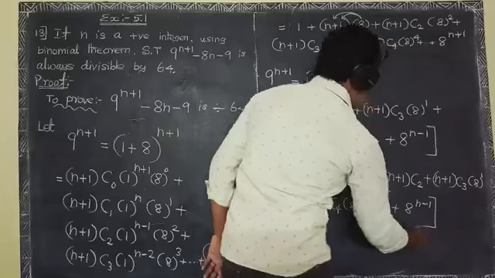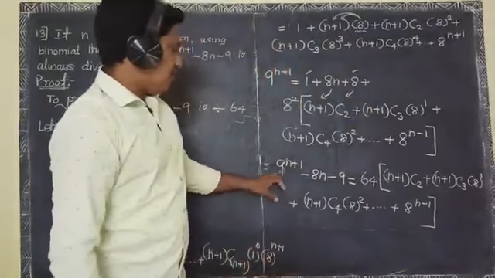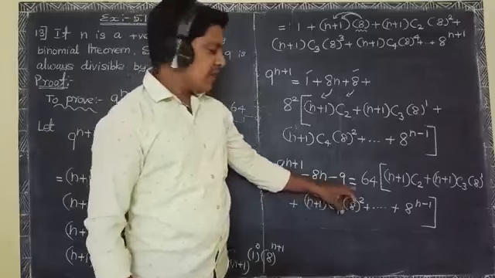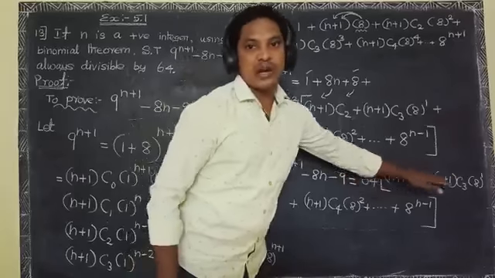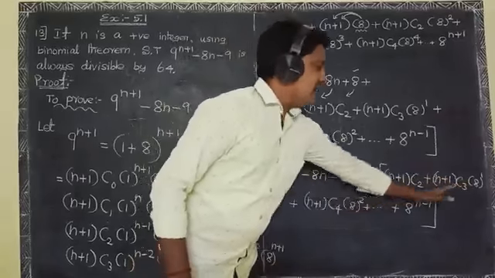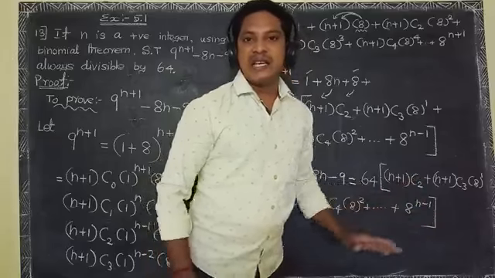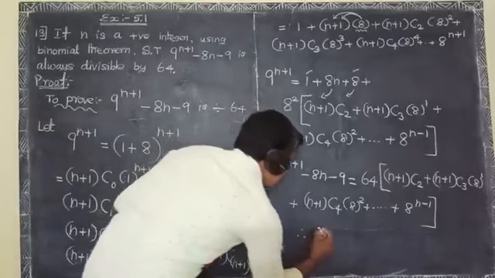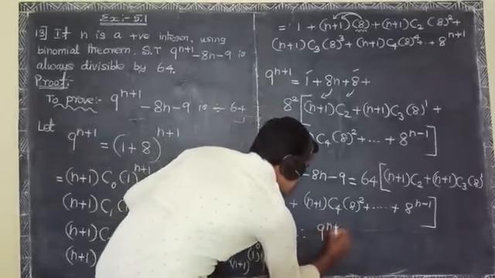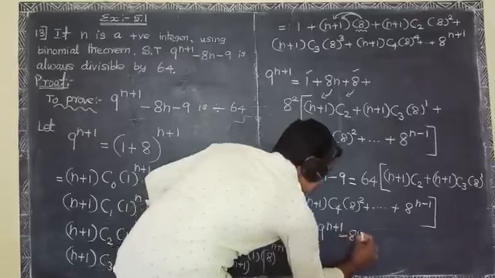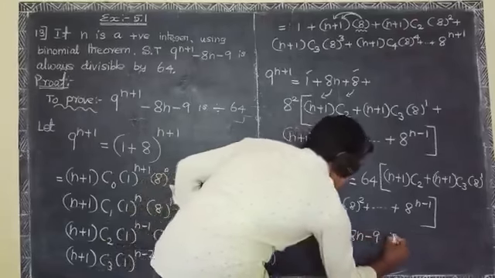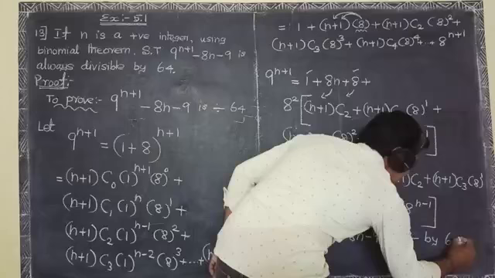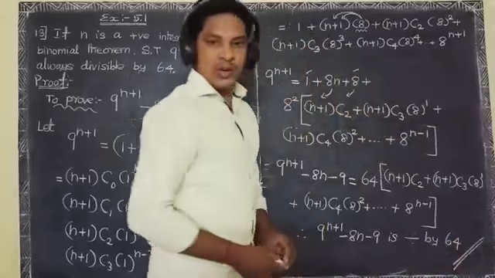So 9 power n plus 1 minus 8n minus 9 is equal to 64 times some constant, which is divisible by 64, isn't it? Yes. Therefore 9 power n plus 1 minus 8n minus 9 is divisible by 64. Hence proved.